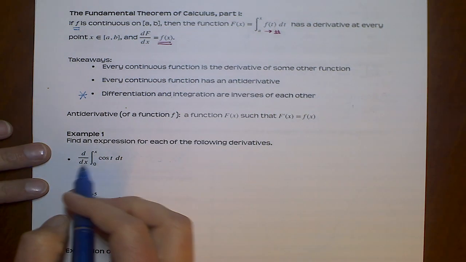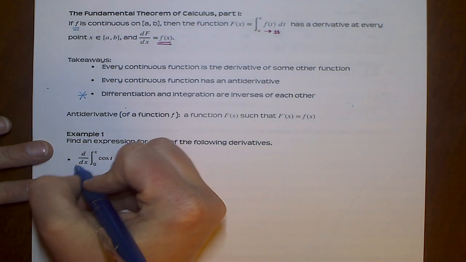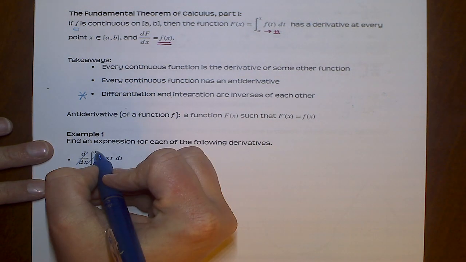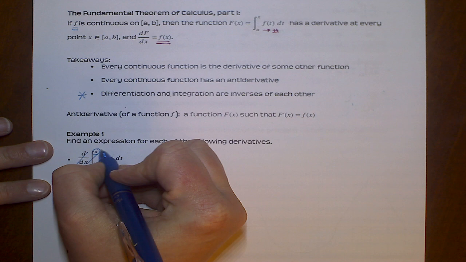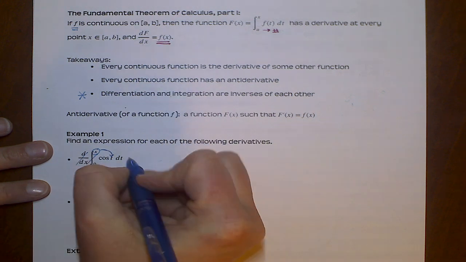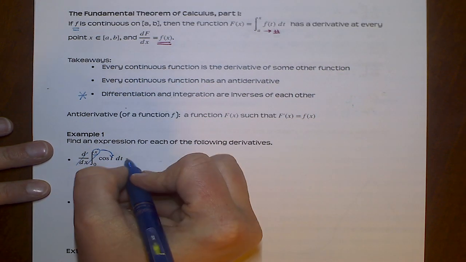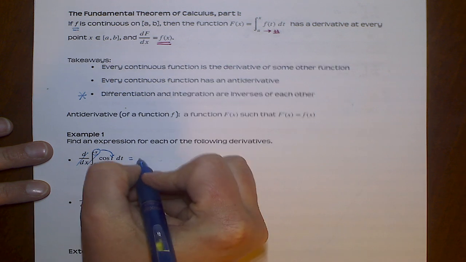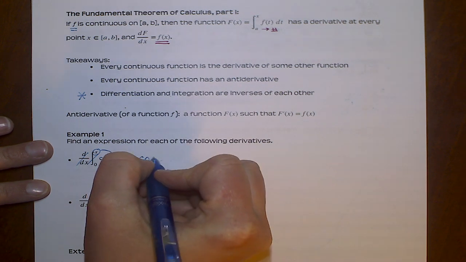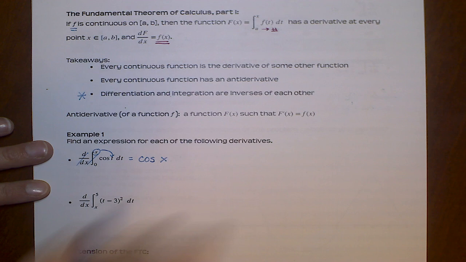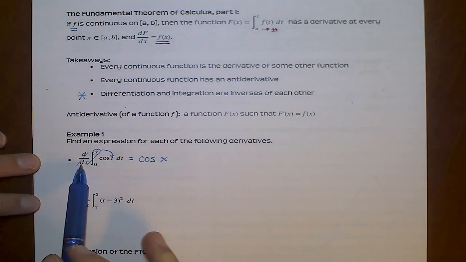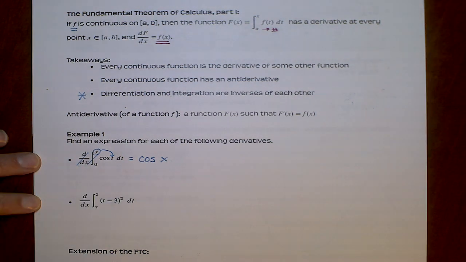To do a derivative of an integral, those two things are just going to cancel each other out, and this x up here is just going to drop itself into the function. So my answer for the derivative of this function would just be cosine of x. That's really all there is to it in these scenarios.